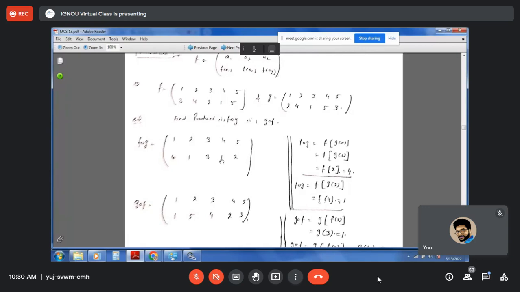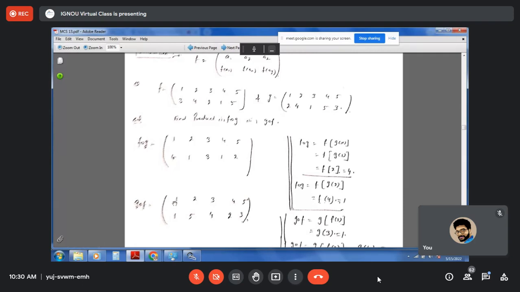Sir, please repeat G composition F. Yes, sir. It's G composition F. First of all, what is the rule? Always we start from the back side. We enter from F into G. See, start with this one, the first member.